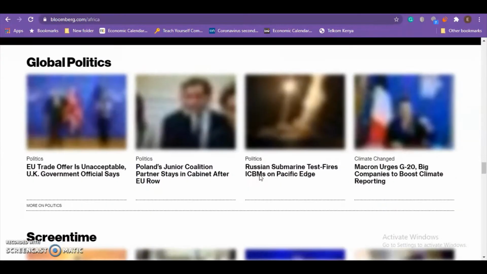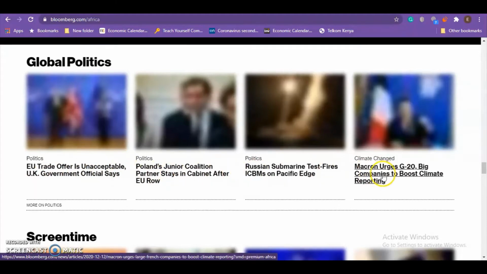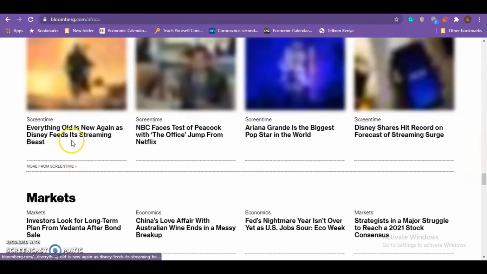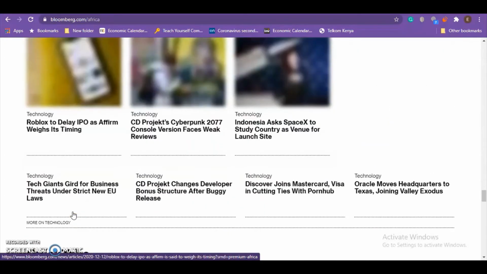So I believe we are done with EU trade offer is unacceptable by government officials. So today will be a very interesting day. Let's see whether the UK budges to EU demands, or we are not going to have that break.